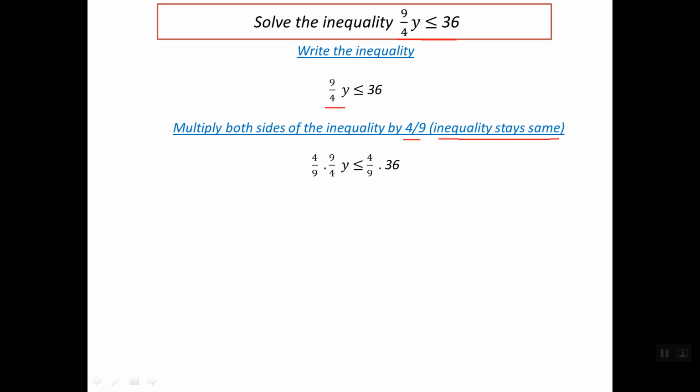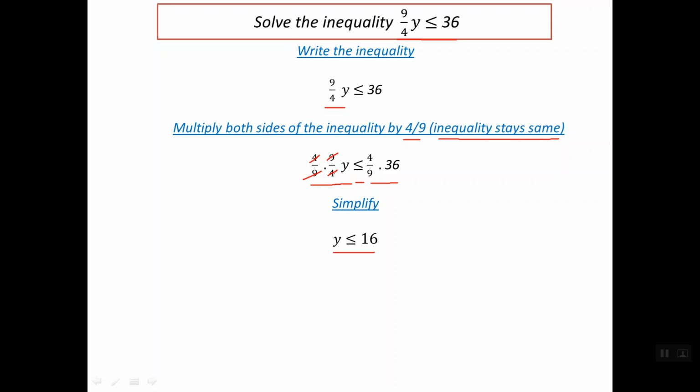So the left side becomes 4 divided by 9 times 9 divided by 4 times y, and the inequality stays the same. And the right side, we multiply 36 by 4 divided by 9. We can now simplify. For the left side, this 9 cancels with this 9, and this 4 cancels with this 4. So the remaining is only the variable y.